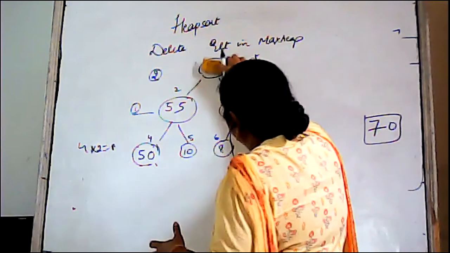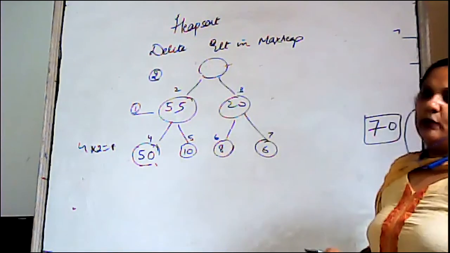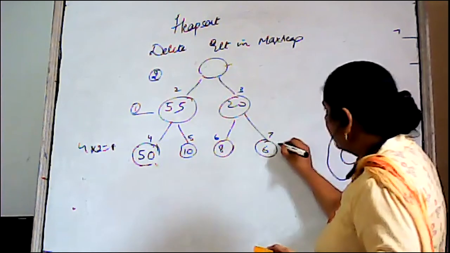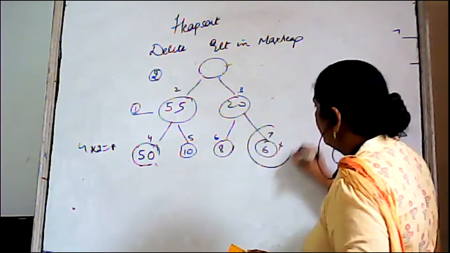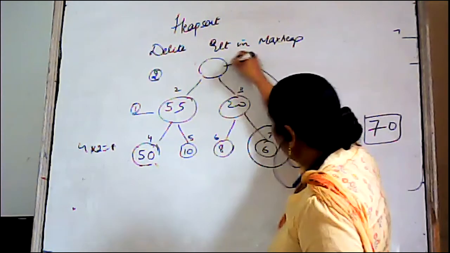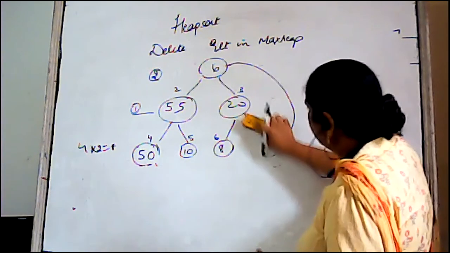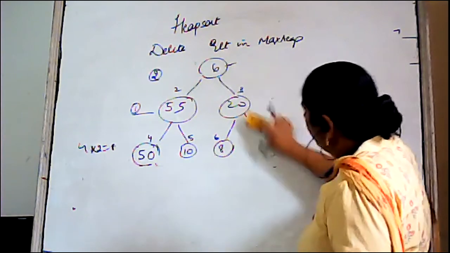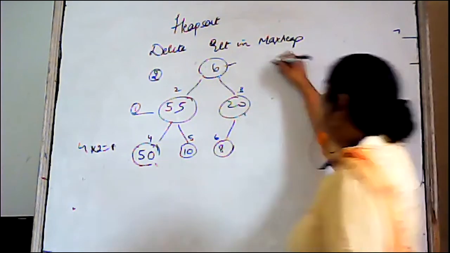Now you just remove this. It is blank now. Now what to replace it with? The last element, the right child of node number 3, will go here. It will come here. Okay. Now you have inserted it there. Now you see whether it is satisfying the max heap property.